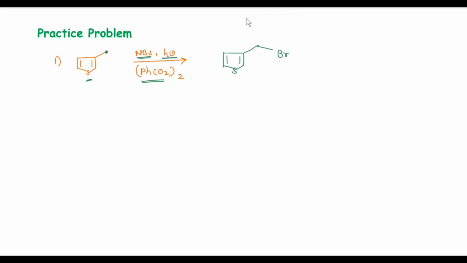So let us see the mechanism of this reaction. In the first step, the initiation step, formation of radical takes place by using light. So we get succinimide radical plus Br radical.